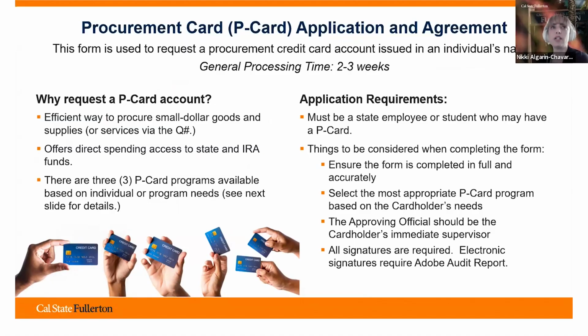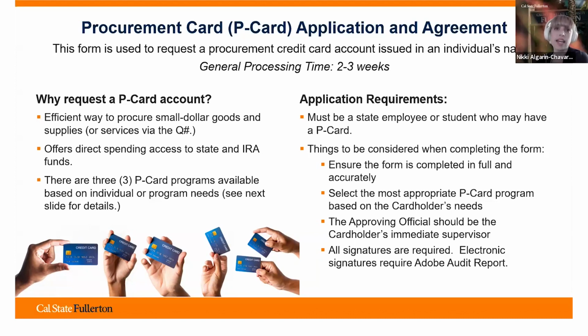So moving on to the procurement card, also known as the P card, application and agreement. This is used to request a procurement card account issued in an individual's name. The general processing time for this particular request is 2 to 3 weeks. Why request a P card account?